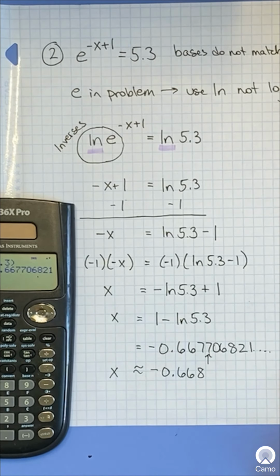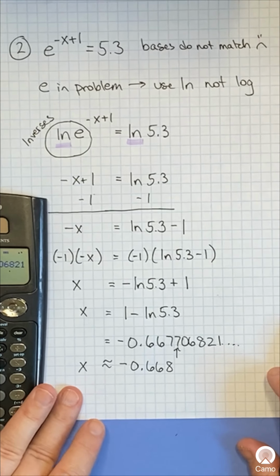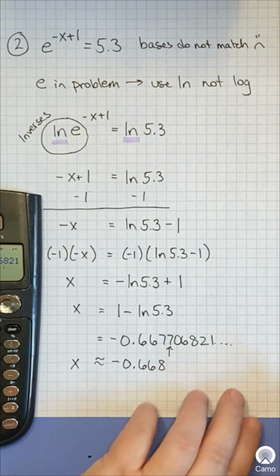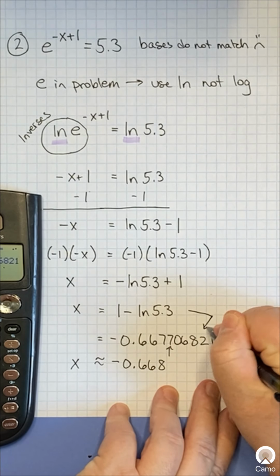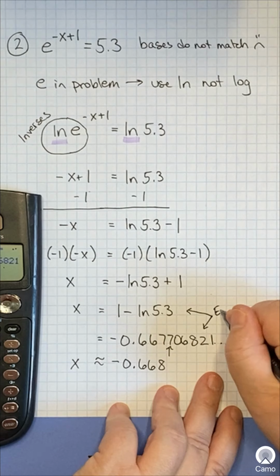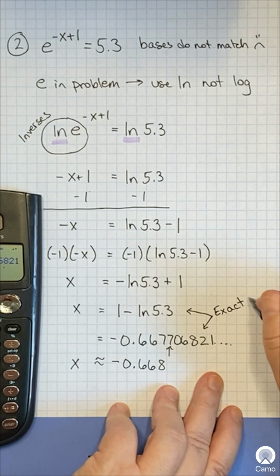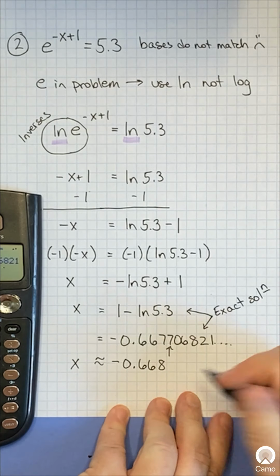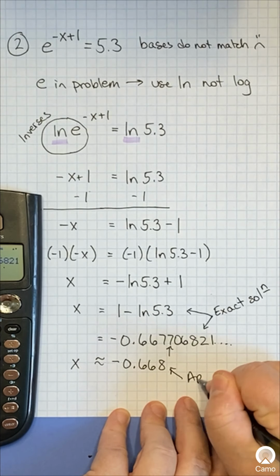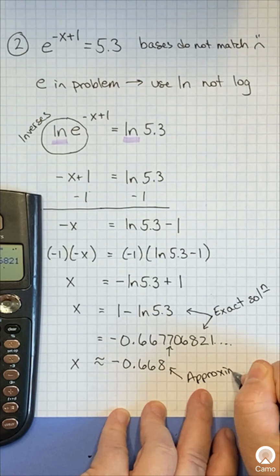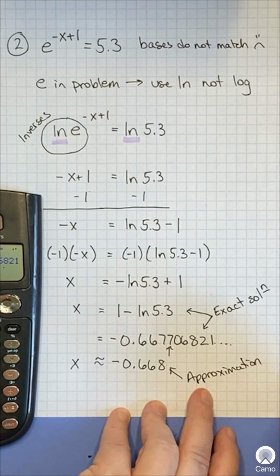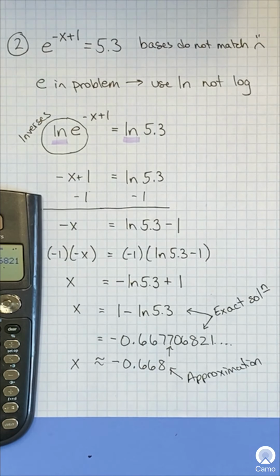So again, what's going on here? These two are the exact answers. Those are exact solutions, and this is the approximation. And since you were asked to round, it's asking for an approximation.